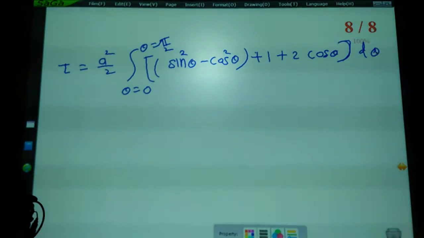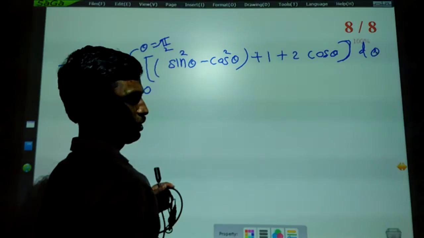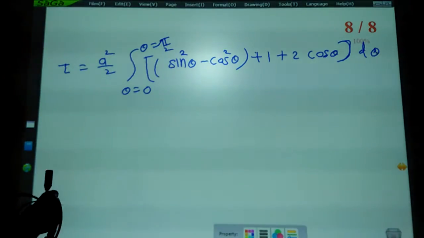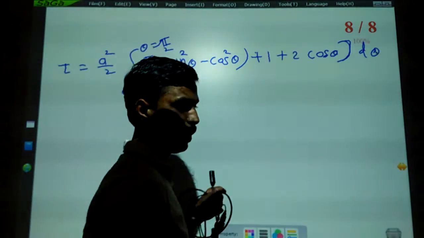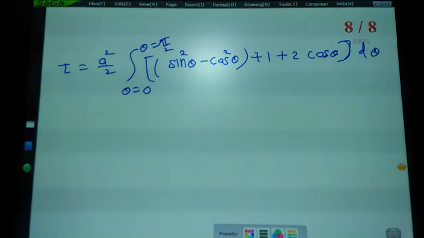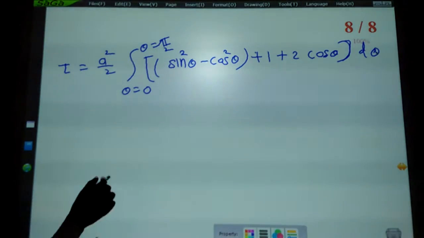Okay. So solving this integration is very easy. The integration of 1 is d theta, 2 stays as it is. The integration of cos theta is also very easy because its integration is sin theta. But the problem is how to find the integration of sin square minus cos square.